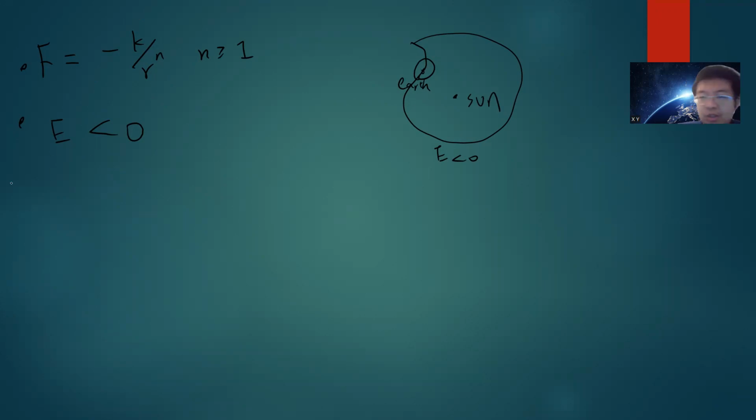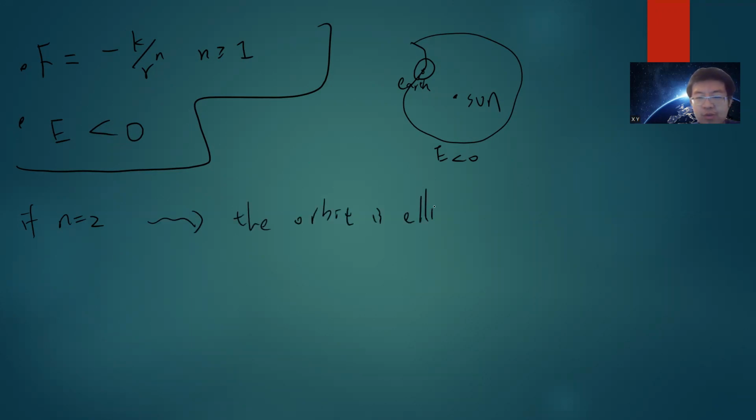What Newton can prove is the following: if n is 2, so it's the standard 1 over r squared, then this will imply that the orbit is an ellipse. This proof is very non-trivial, but we'll go through this.